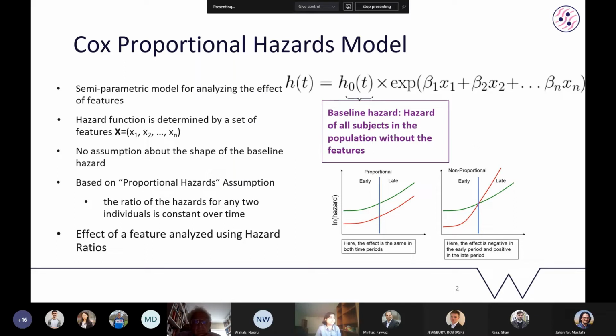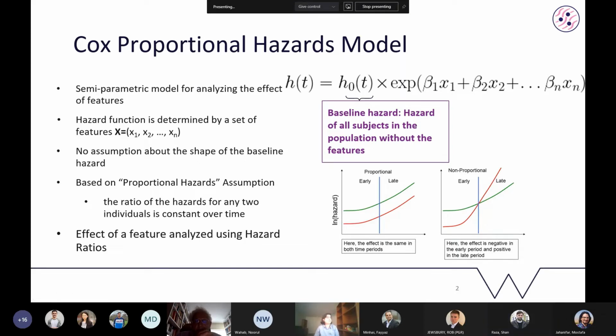So what we are saying is that if person A is twice as likely to die as person B at a given time instance, let's say T1, person A would be twice as likely to die as person B at some other time instance T2 as well. That is, the ratio of hazards remains constant throughout time. If this assumption is not being satisfied, then you should not be using the Cox proportional hazards model.